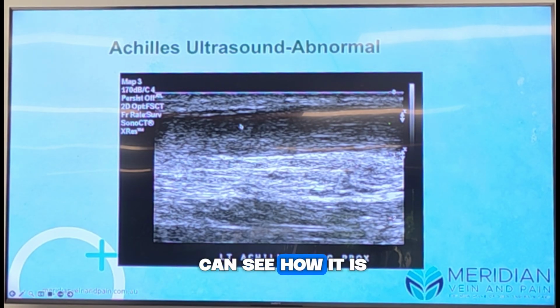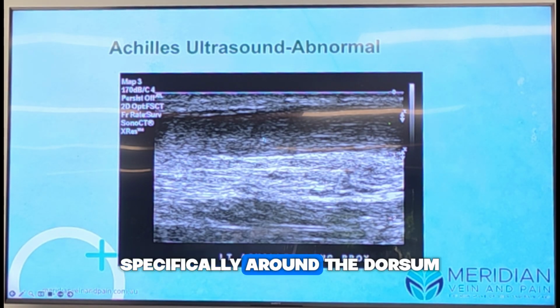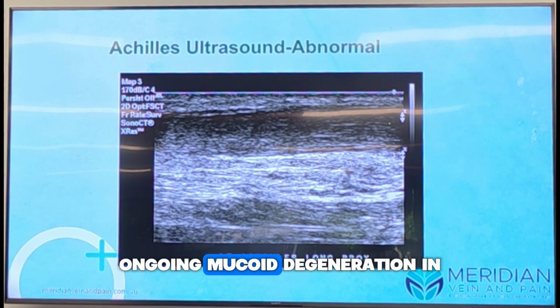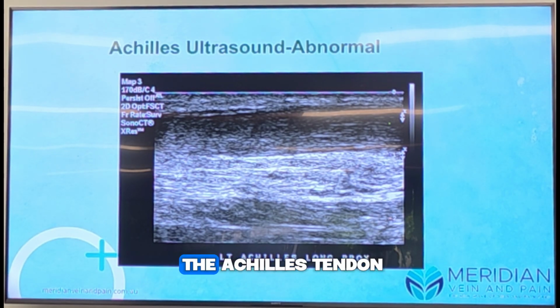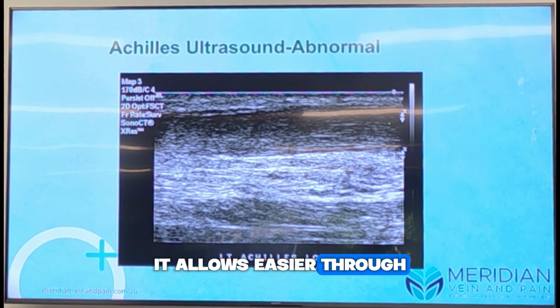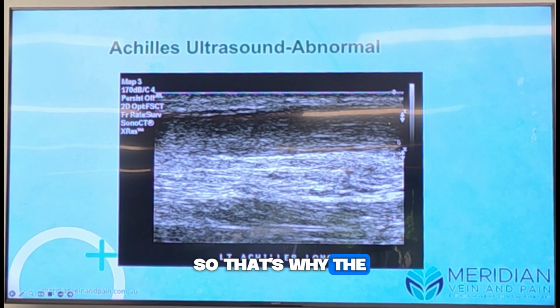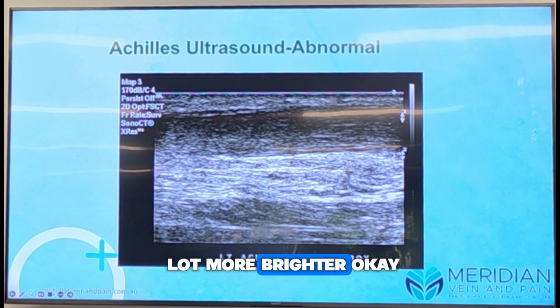And you can see how it is specifically around the dorsum there, okay? Because of ongoing mucoid degeneration in the Achilles tendon, it allows easier through transmission of sound waves. So that's why the fat here is a lot more brighter.